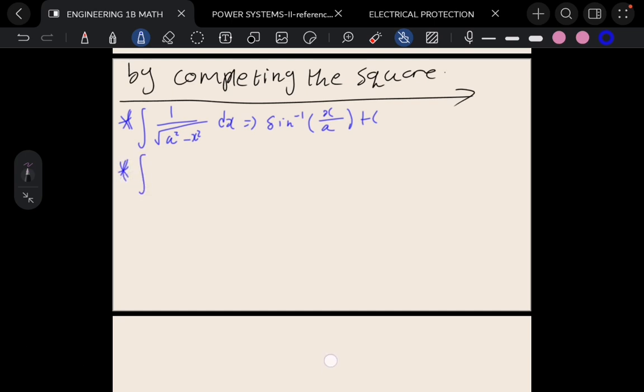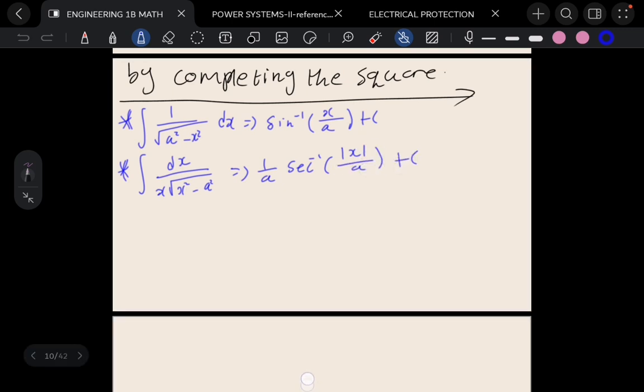When you integrate dx over x square root x squared minus a squared, you're going to get 1 over a arcsec of absolute value of x over a plus c.